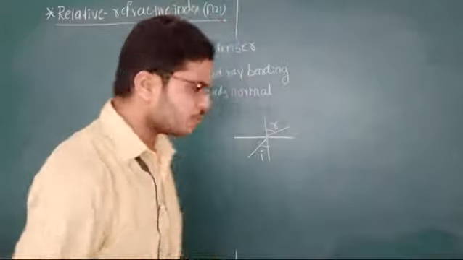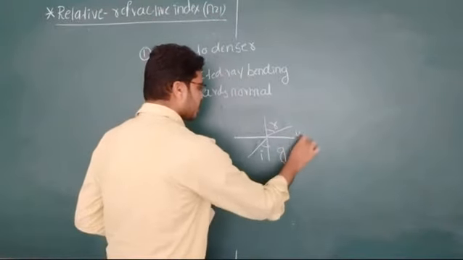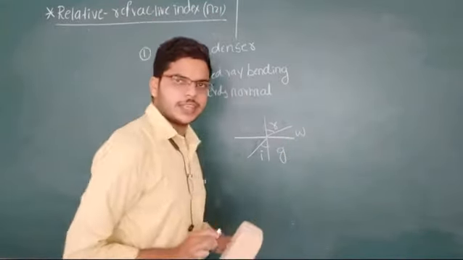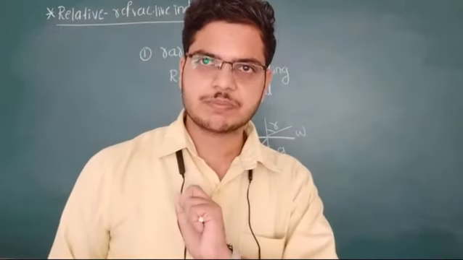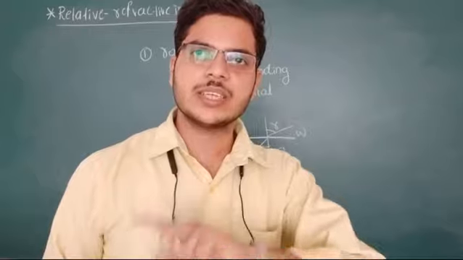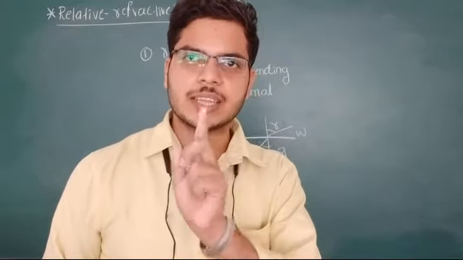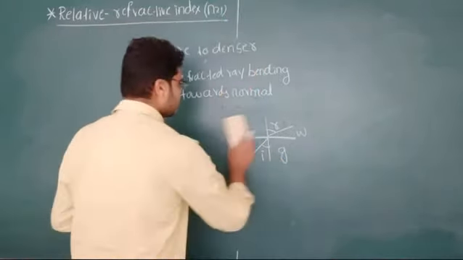When you are going from glass to water, that is denser to rarer, then the ratio N1 by N2 is less than 1, because for denser to rarer, its value is less than 1. Then in that case what will happen?